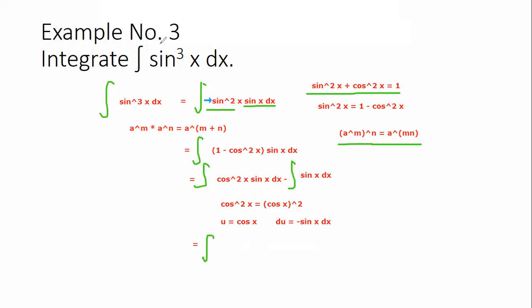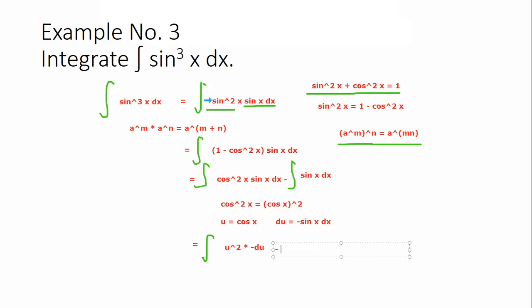So the integral of u squared multiplied by, of course, negative du. Of course, we don't want the negative sign inside that integral.